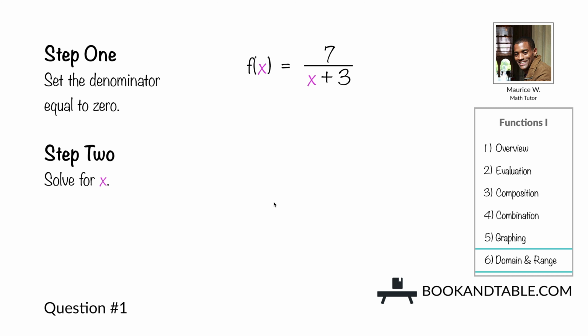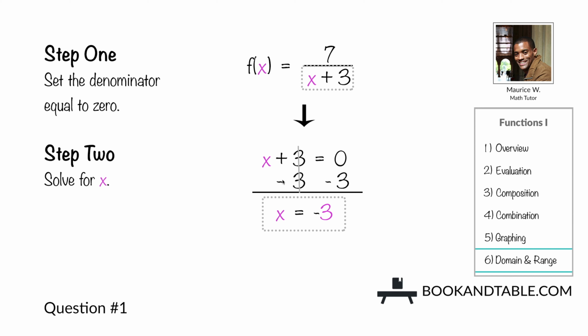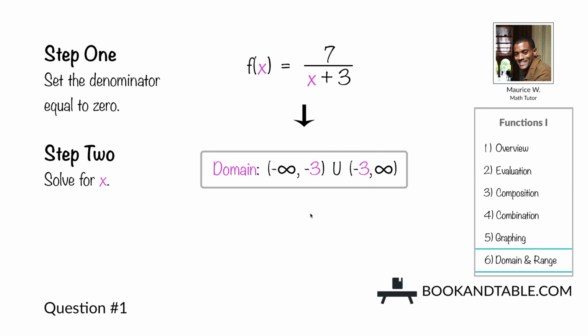Question number 1, we had f(x) = 7 / (x + 3). So step 1, set the denominator equal to 0. And then step 2, solve for x. We'll do so by subtracting 3 from both sides. So we see that the denominator is equal to 0 when x is equal to -3. So the domain is all real numbers except for -3.